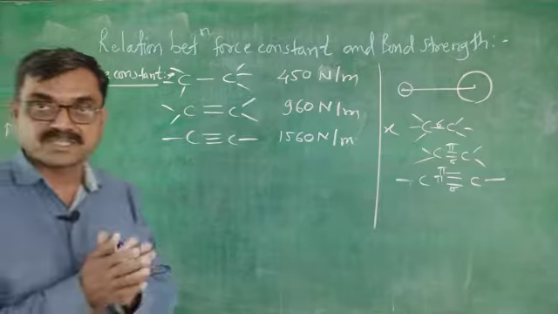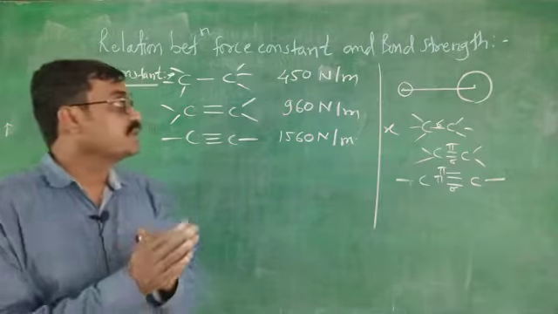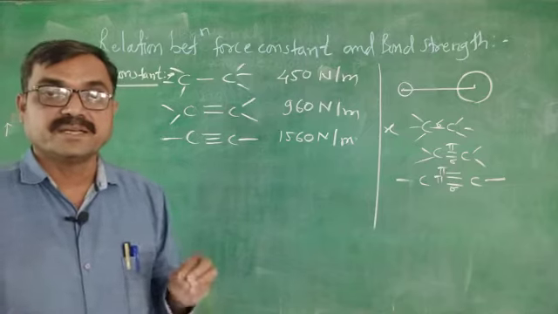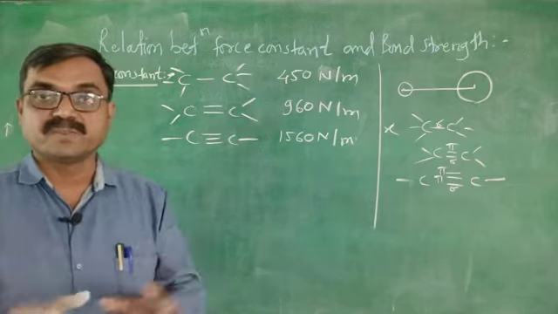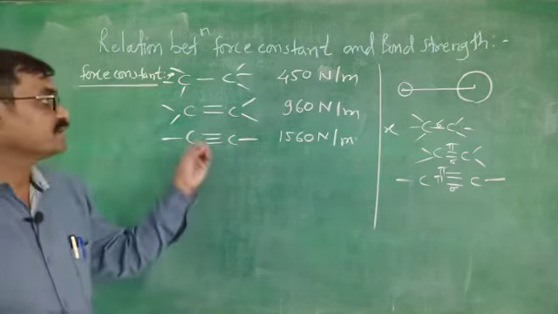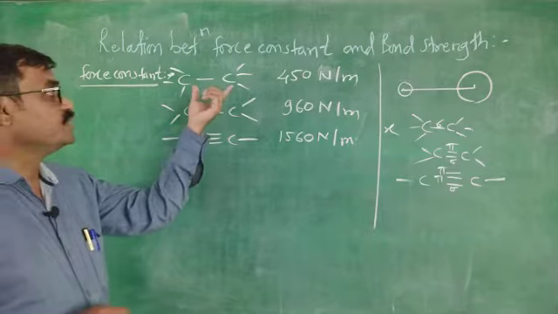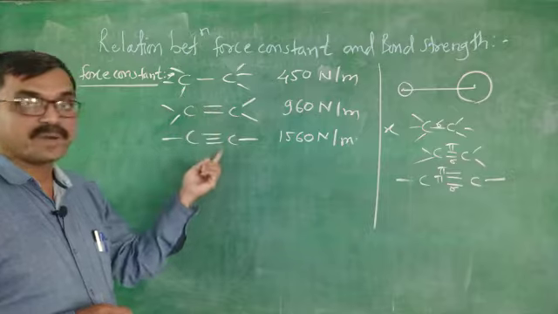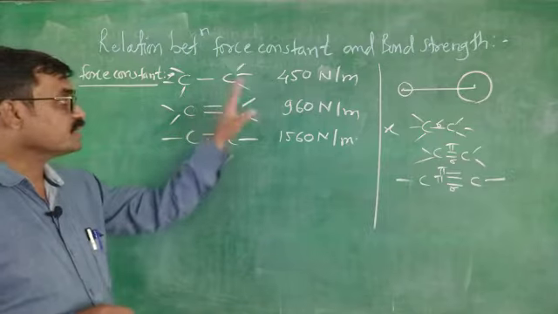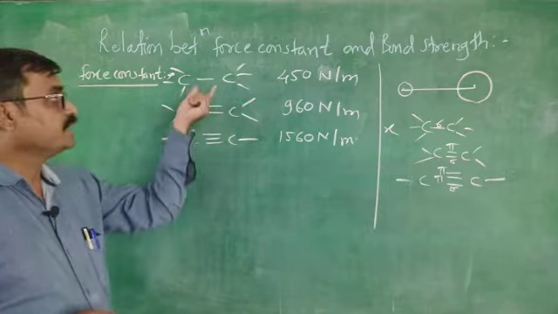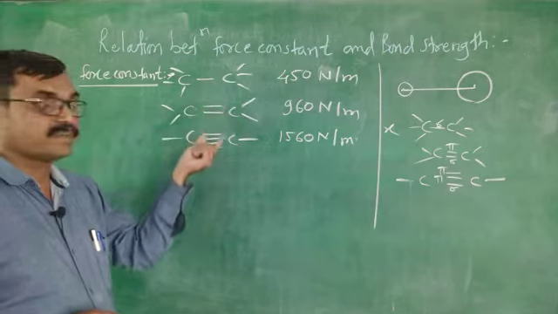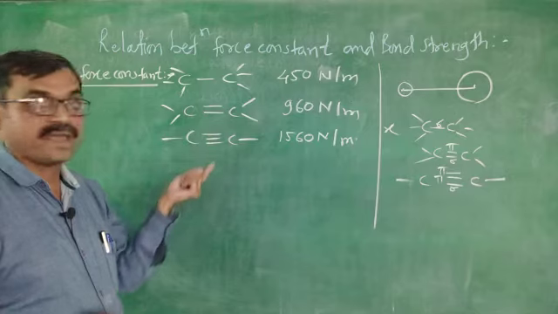Means what is the relationship between force constant and bond strength? Force constant can be defined as the restoring force per unit displacement. If we consider the molecule in which between carbon there may be a single, double or triple bond, and the other atoms are the same, then here the bond is a sigma bond, here one sigma and another pi, here one sigma and another pi.